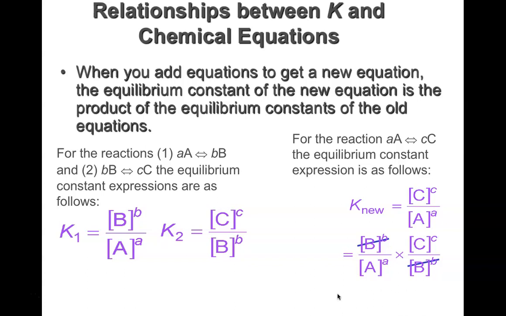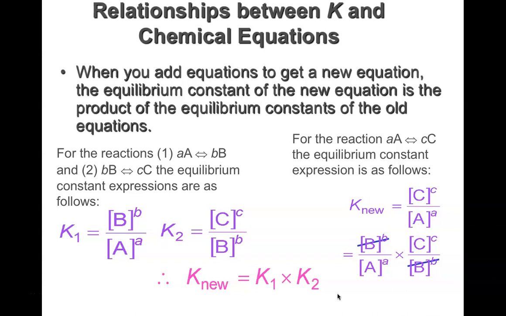In order to get that, I have to multiply the law of mass action for reaction 1 and reaction 2 in order to get B to cancel out. So because I multiplied the law of mass actions, I then have to multiply the actual numbers themselves. So K new is just K1 times K2.